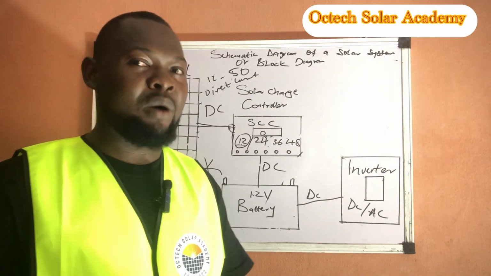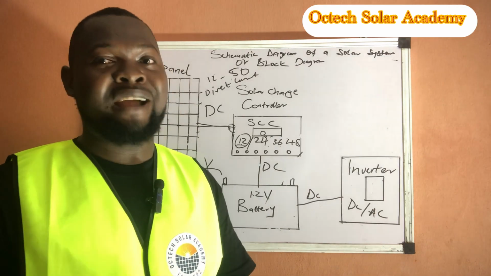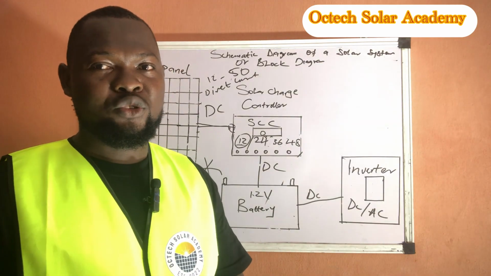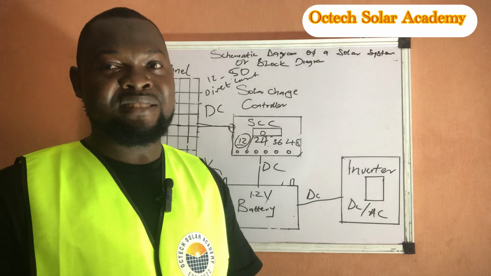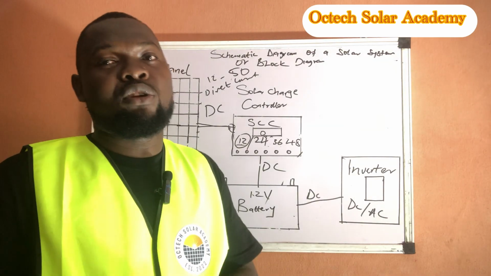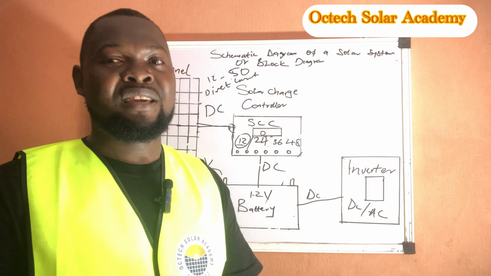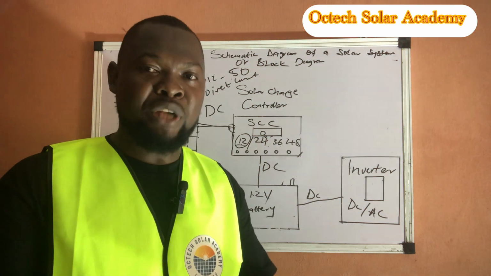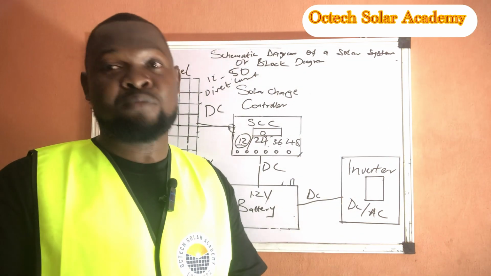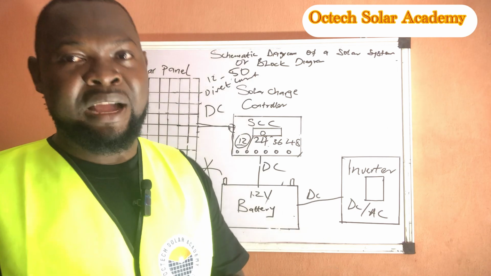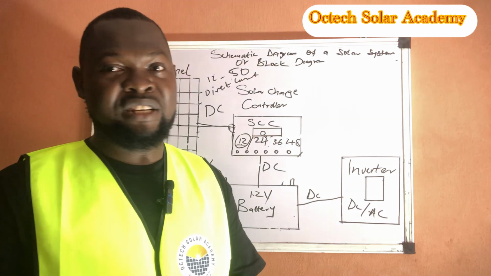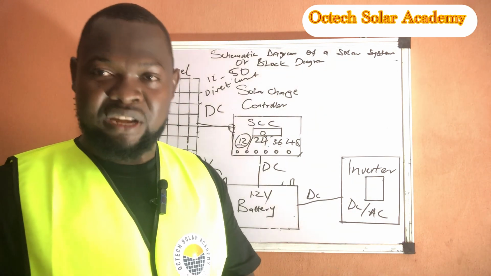The ones we use at home, our televisions, are rated in AC. So you hardly see appliances that are DC. Though technology has made it easier recently, it is majorly AC appliances you will see in the market, and it is rare to see DC appliances.